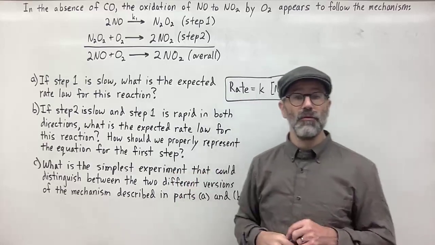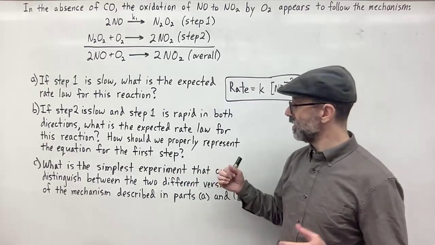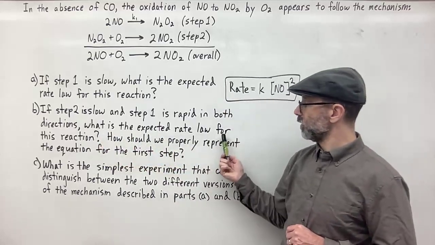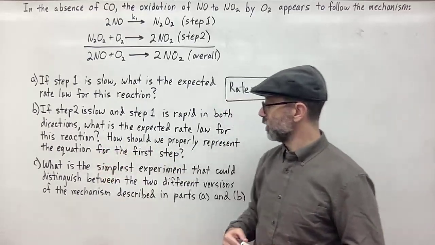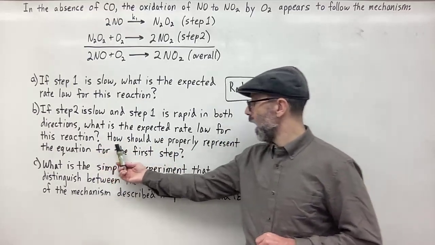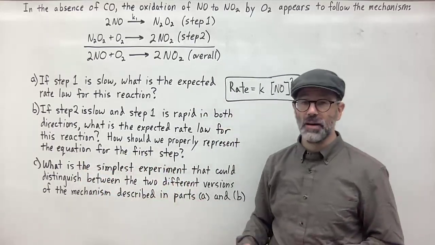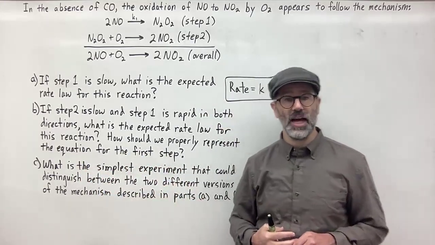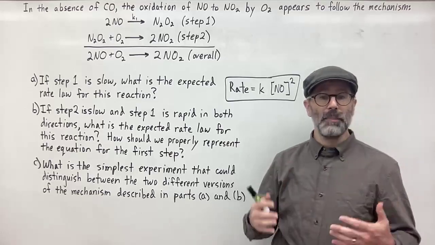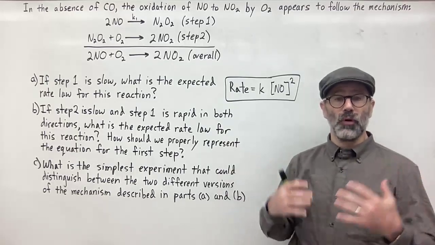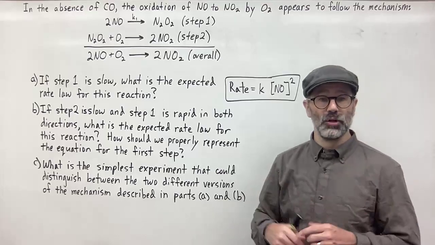And it's relatively fast at equilibrium. Again, what is the expected rate law for this reaction? And then it says, how should we properly represent the equation for the first step? So we're assuming that the first step is at rapid equilibrium. So the forward and reverse reactions are rapid and they're at equilibrium.